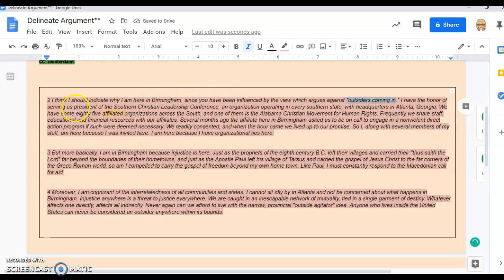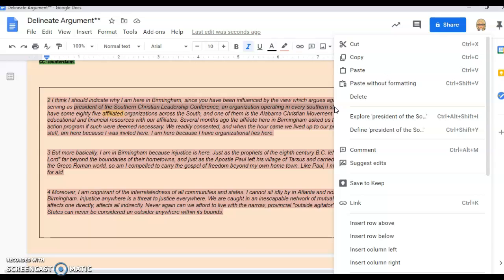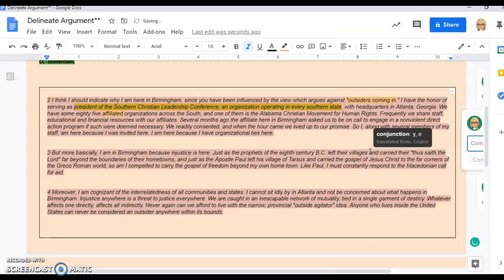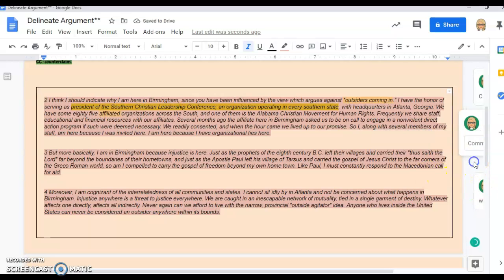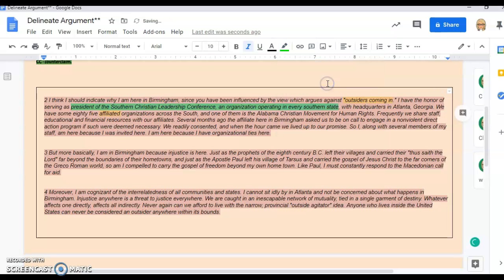He serves as the president of the Southern Christian Leadership Conference, and that operates in every southern state. That seems like a pretty big claim. So let's leave a comment, and then we'll also go ahead and highlight that in, that's right, green.